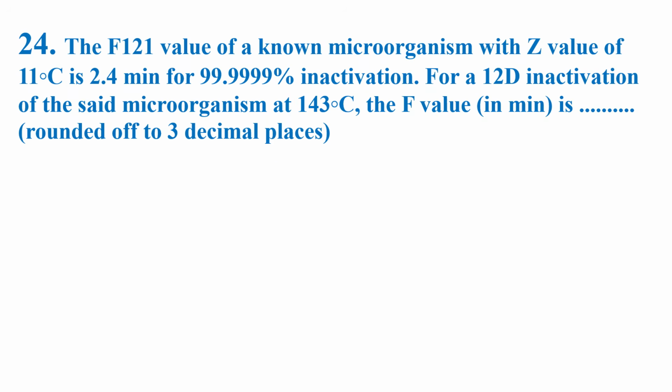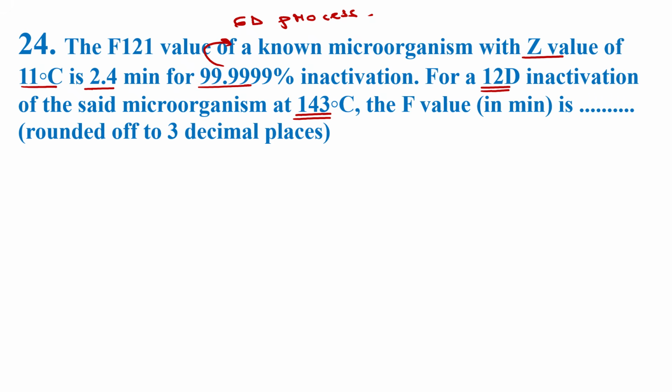Z value at 11 degrees Celsius, and the D value is such that 2.4 minutes gives 99.9999, that is, the number of nines means it's a 6D process. Just calculate the number of nines inactivation for 12D inactivation of the said microorganism at 143 degrees Celsius. So what all things are given to us?